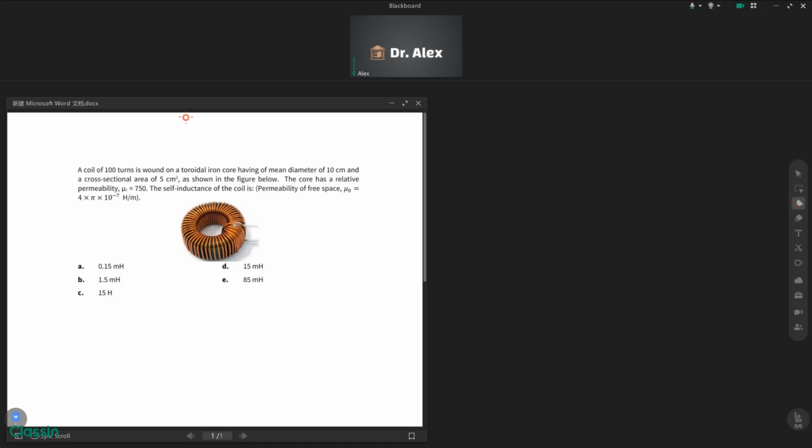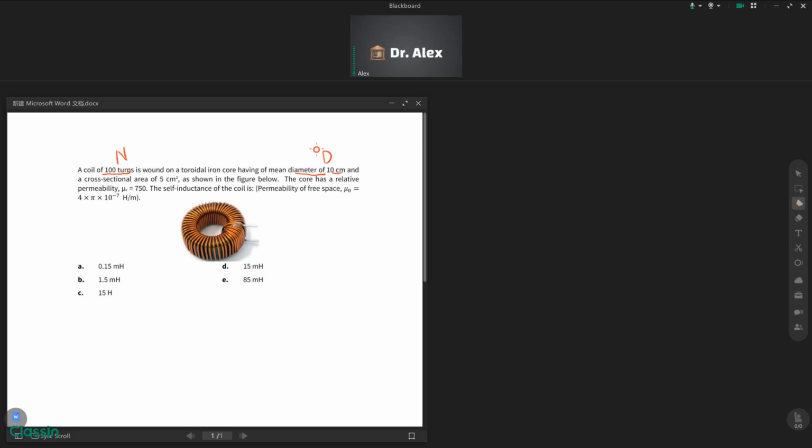So it's a typical question about the magnetic field, and we can get enough information from the question itself. Firstly, this 110 means the parameter n is with a value of 100, and we get the diameter of this circle, which is 10 centimeters.